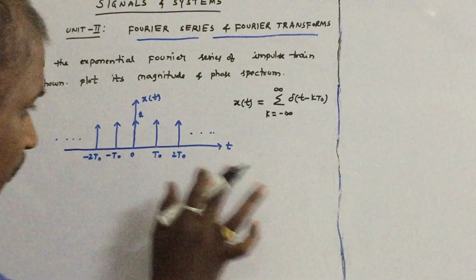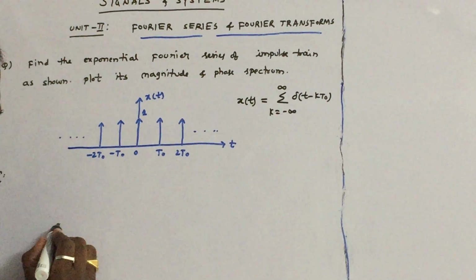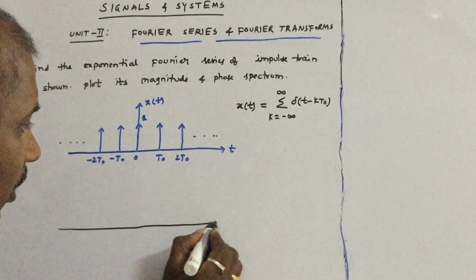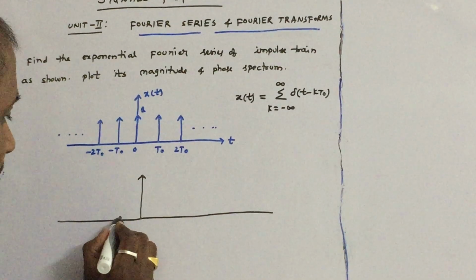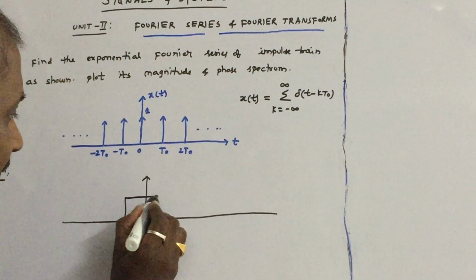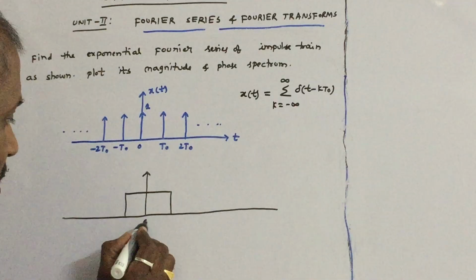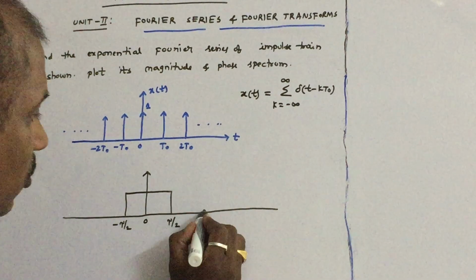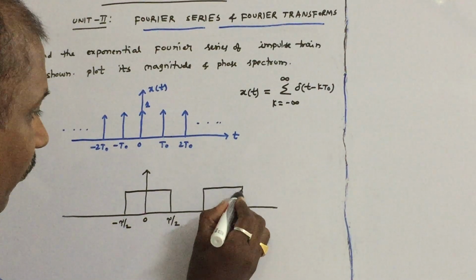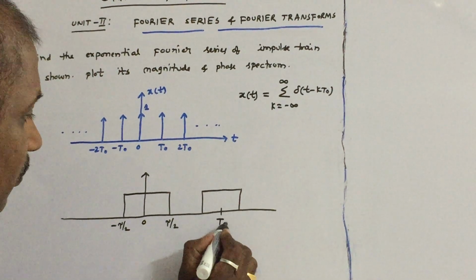Before going to solve this problem, let us find the exponential Fourier series of this rectangular pulse. Take this rectangular pulse, which is extending from minus tau by 2 to tau by 2. Say this is t0.